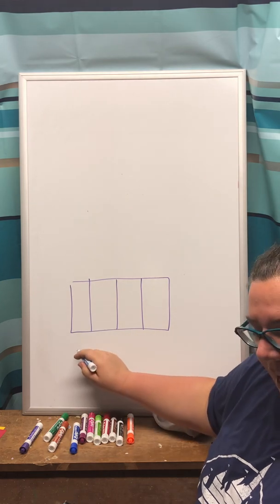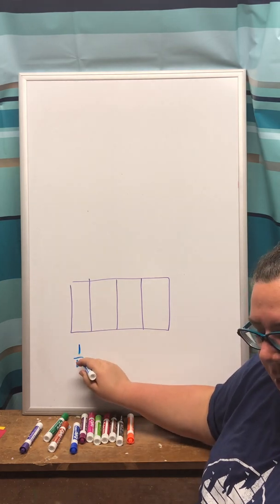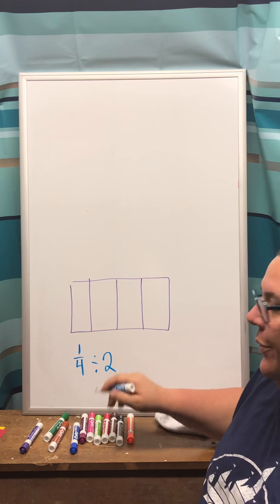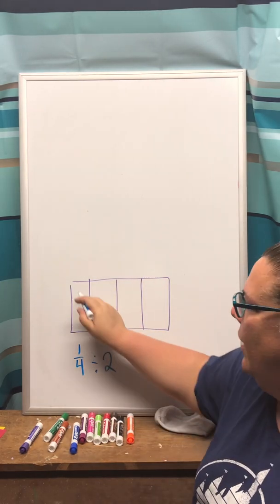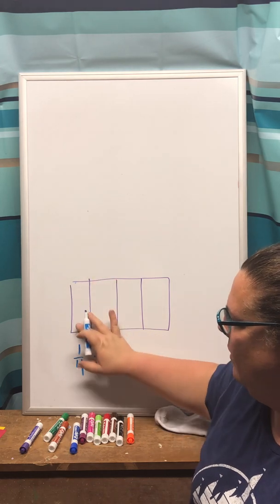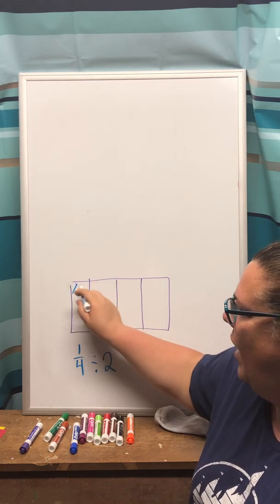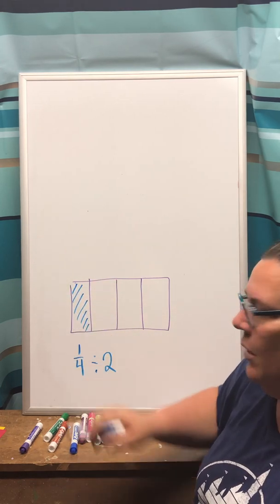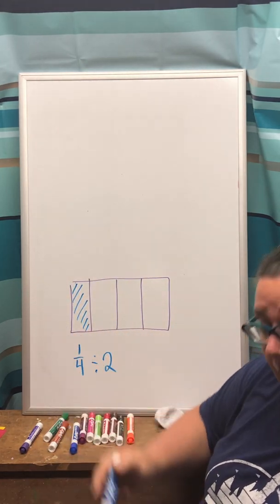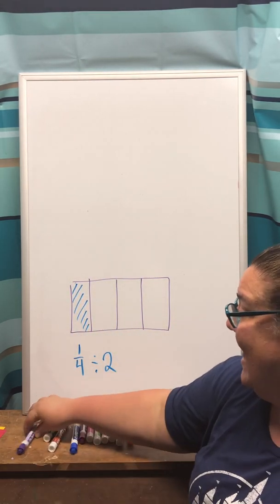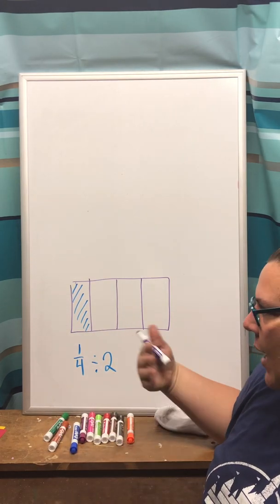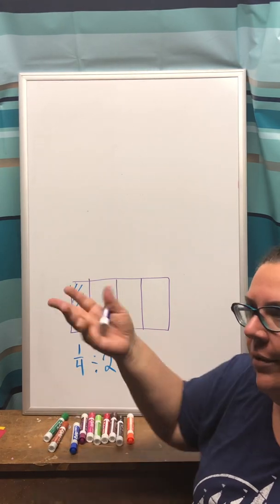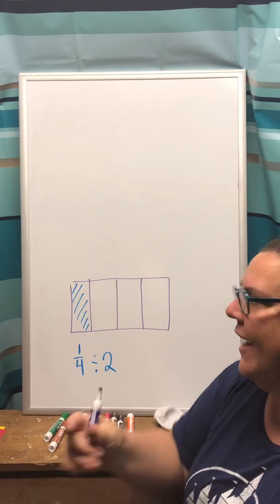So for number 3, we had 1/4 divided by 2. So when I'm looking at what is here, this section is 1/4 of the whole. I'm going to take that and I'm going to divide it by 2. So again, think about it as you can do the cornbread or the lasagna or the candy bar.